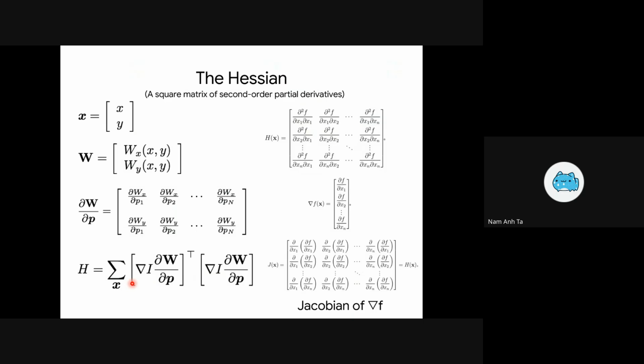This matrix measures the curvature of our error surface. So in plain terms, it tells how sensitive our cost function is to changes in each parameter. A well-conditioned Hessian will allow us to find a stable and accurate delta p, which will ensure the alignment converges reliably.